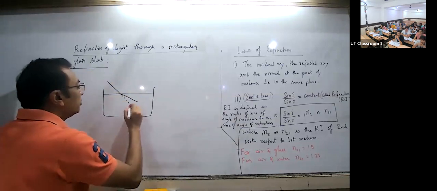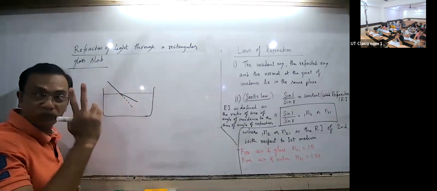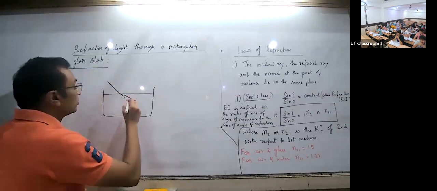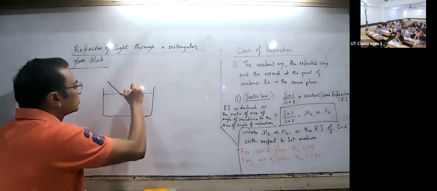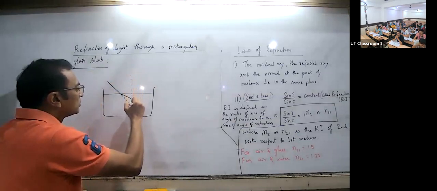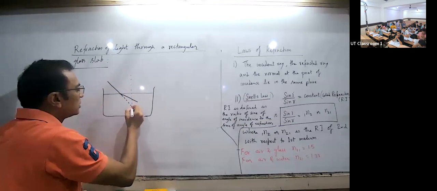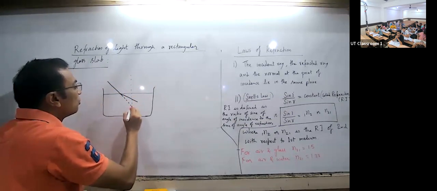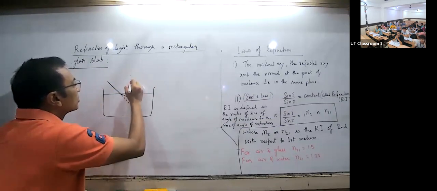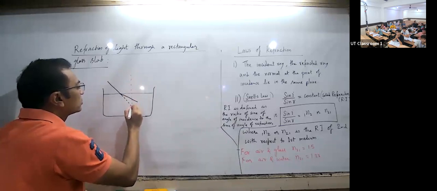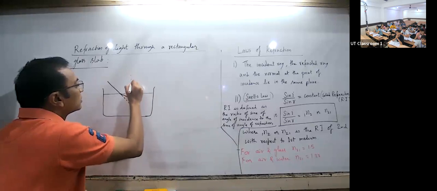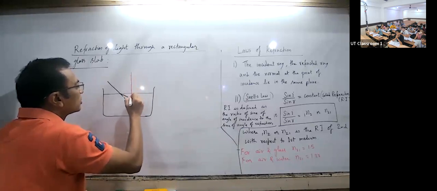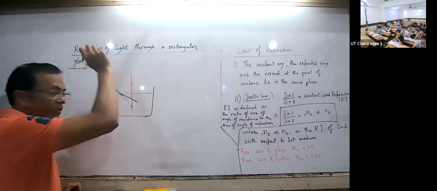We have to take two rays for image formation, right? So look, from this tip, make a normal. So one ray, let's say, is going along the normal. Will there be any refraction? No, because it will just pass undeviated.